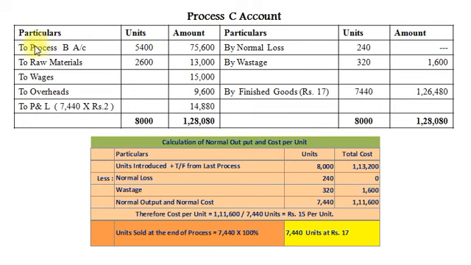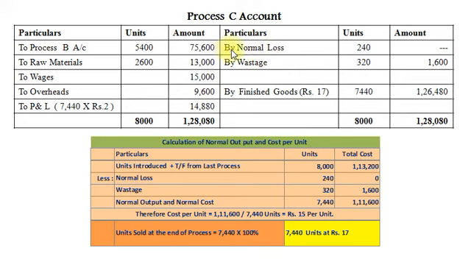Here is the process C account. On debit side, first we will record transfer from process B account 5,400 units and 75,600 rupees. Next, to raw material introduced 2,600 units and 13,000 rupees. To wages 15,000 rupees and to overhead 9,600 rupees.